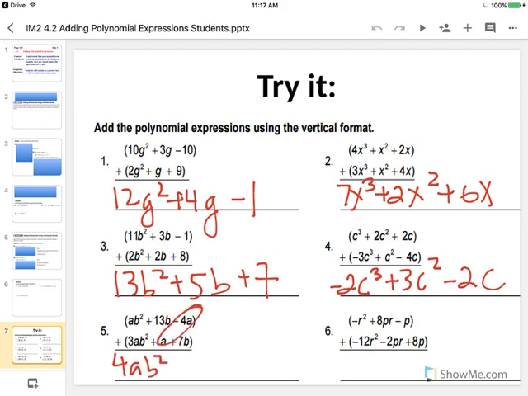Okay, so make sure that you switch these two. Right, so please check your answer for number 1 through 6.